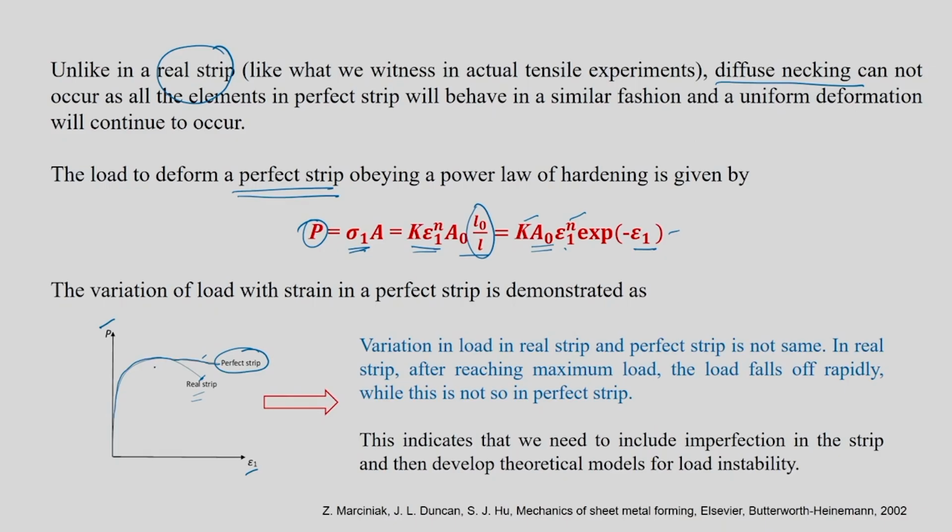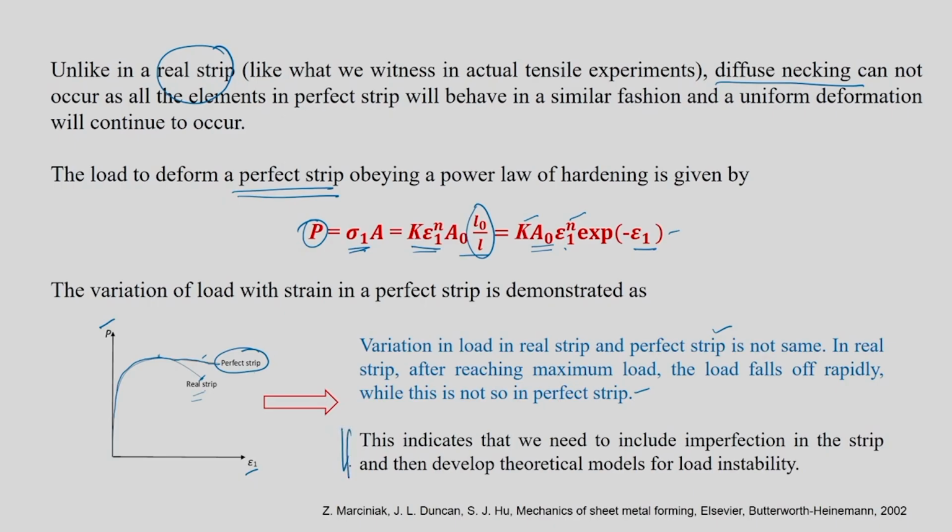There will be one weaker region which is going to govern the further instability process, and you will have a sudden drop in load once your P max is reached, which is what is shown here. So variation in load in real strip and perfect strip is not the same. In a real strip, after reaching maximum load, the load falls off rapidly, while this is not so in the case of a perfect strip. You can see there is some small decrease, but it is very gradual.